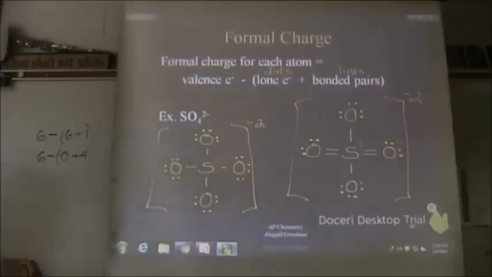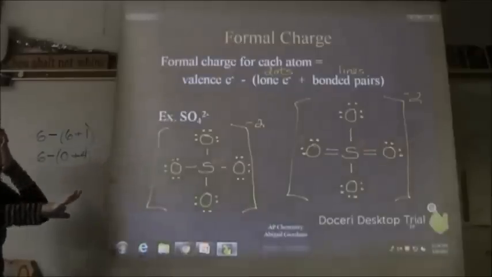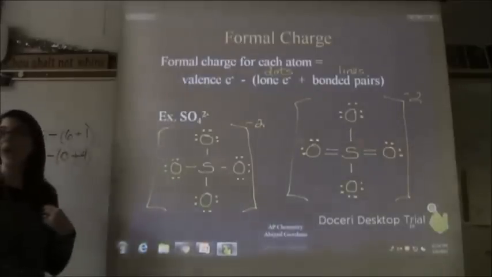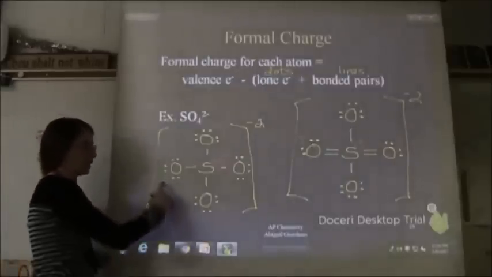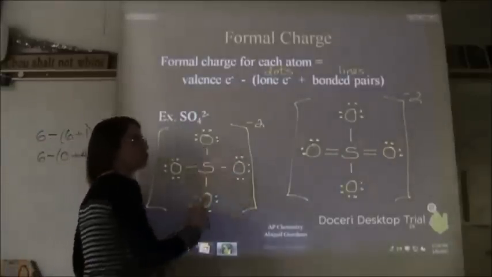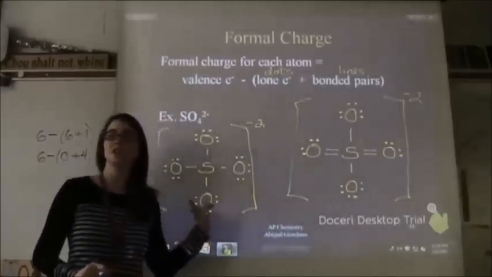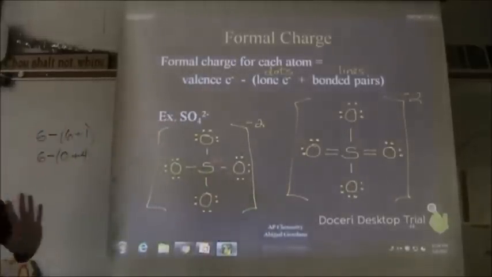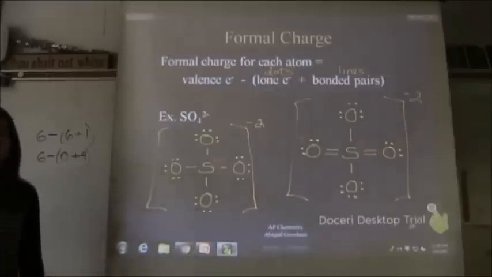Okay, here's how we're going to make this decision. First of all, if you're doing a problem like this on a test, you don't have to show this kind of work or anything. I would, however, write in the formal charges into the drawings. As I said, guys, these Lewis structures would already be given to you. Here's how we make the decision.